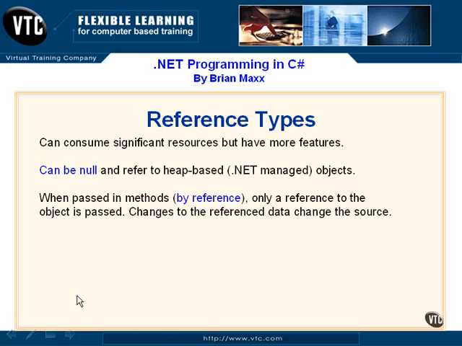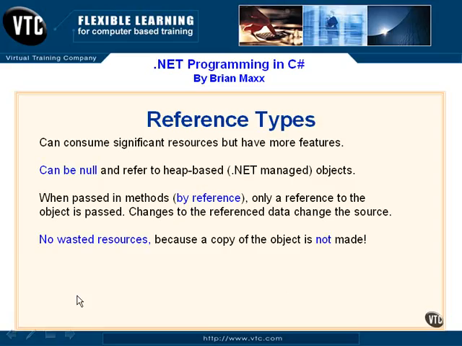You're only passing a reference to the object. Now, when you change this reference, you're actually changing the source data, because that reference is pointing to where the data is located in memory. So that's the important thing. When you pass into a method, and then you make changes in that method, then you're actually changing that data, because when you pass by reference, you're referring to that object, and that's why it can be changed.